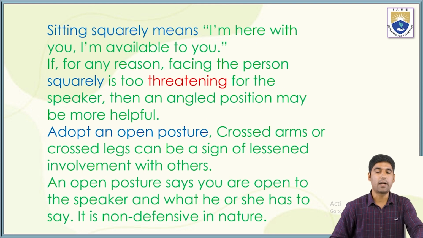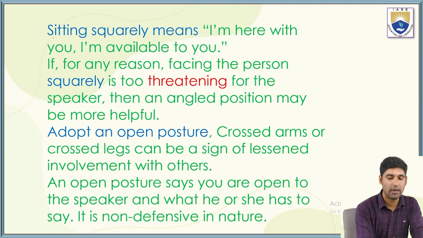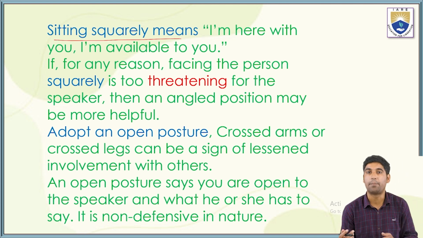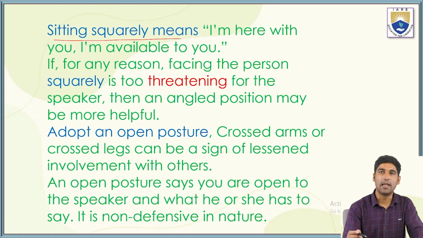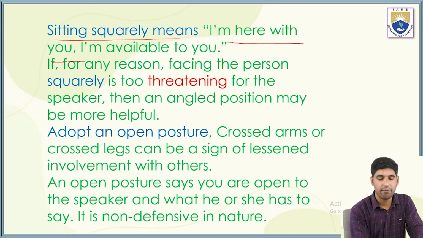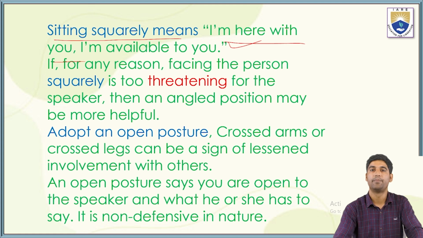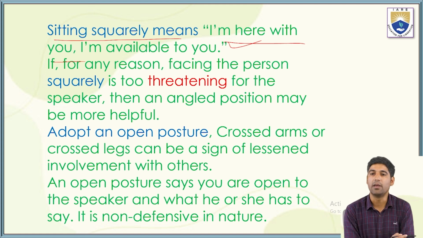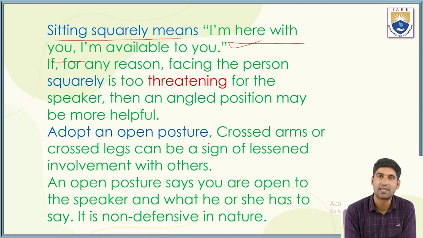See, what S means, what sitting squarely means. When we sit squarely to listen to a person, it means we are telling him, I am here with you, I am available to you. When you are sitting squarely and listening to me, you are telling me, sir, we are here for you and we value you, we listen to you.